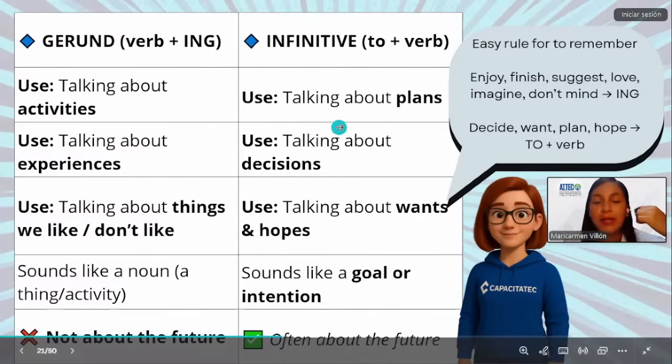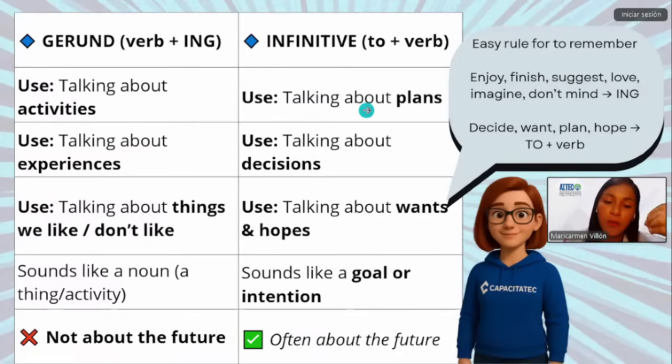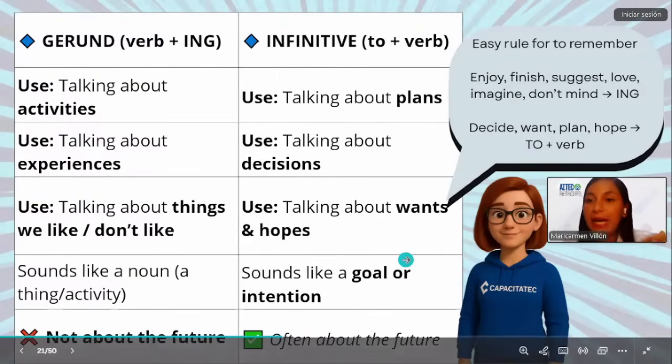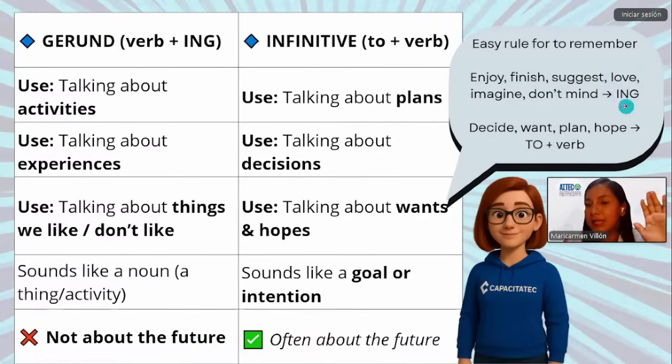Al contrario, infinitives sí, frecuentemente lo son. ¿Por qué? Porque hablan de planes, ¿sí? Entonces, cuando sea algún plan, yo utilizo el to. Para hacer alguna decisión, utilizo el to. Para algo que deseo, quiero, to y el verbo. Si es alguna intención o alguna meta, el to. ¿Ok? Yo les dejé este cuadrito. Entonces, básicamente el ing también se utilizan con estos verbos, ¿no?